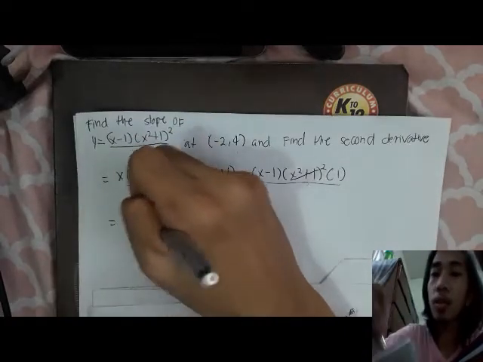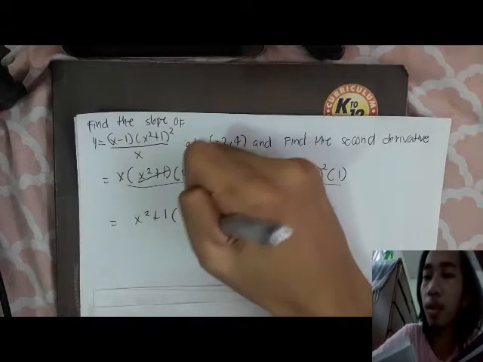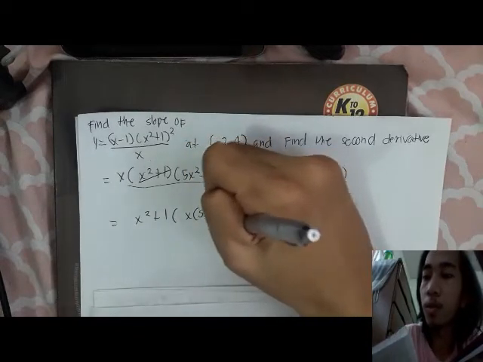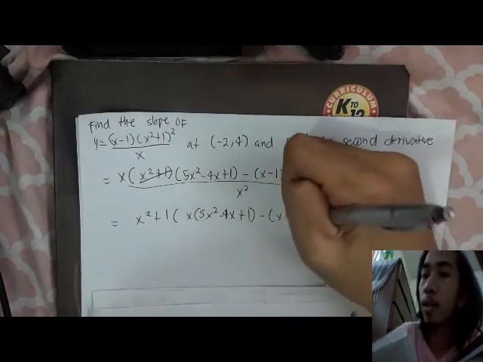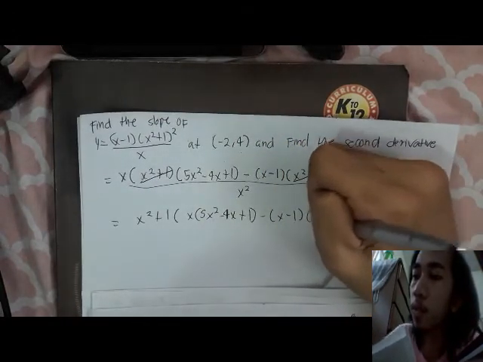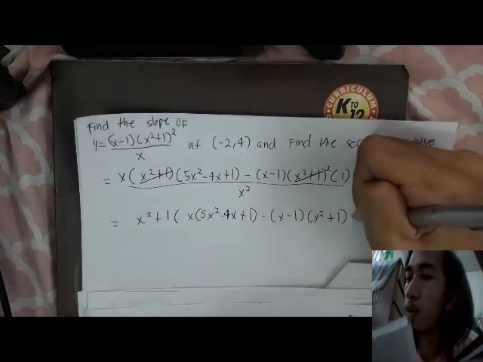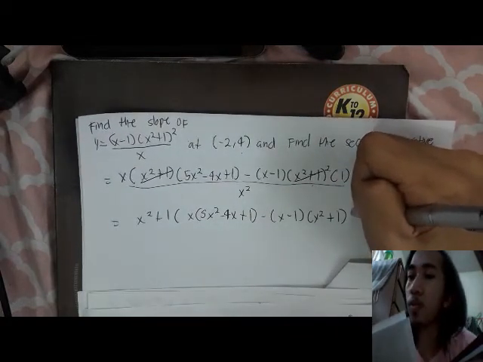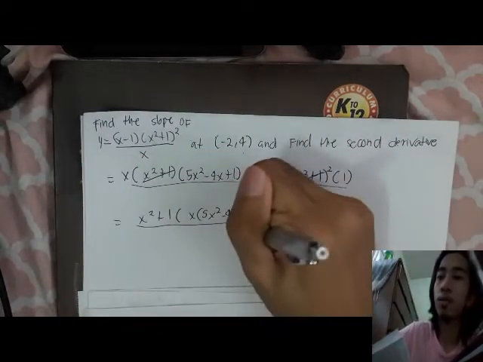So, x squared plus 1 times x times 5x squared minus 4x plus 1 minus x minus 1 times x squared plus 1 times 1, which is same current. So, simplify natin further.